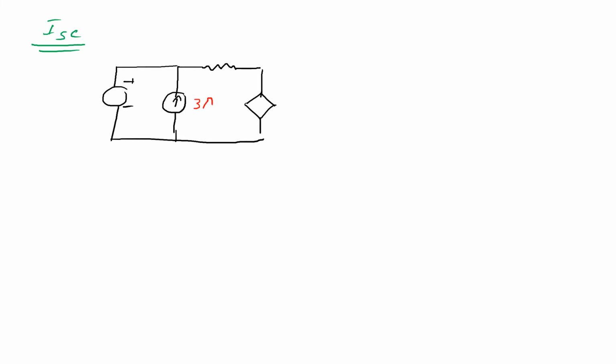So this is 3 ampere, this is 2 ohm, and this is I short circuit current, and the previous notation is represented as IA, and this is 4 IA, and this is the voltage 16 volt. Now for finding this short circuit current, I assign circulating currents I1 and I2.